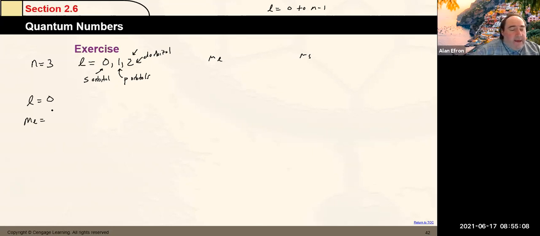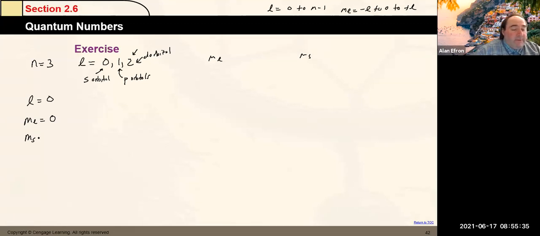So for L that's equal to 0, as we saw earlier, the only acceptable value for m sub L would also be 0. Again, m sub L goes from minus L to 0 to plus L. And again, that basically tells us what we saw before. We basically have just one s orbital on the third energy level.